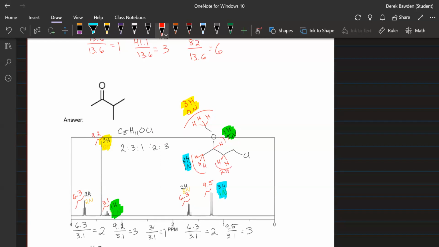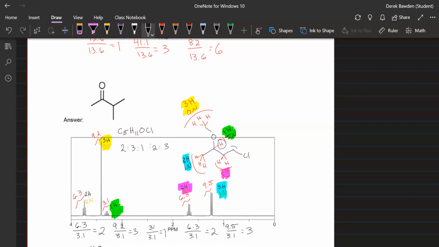And they have these 2 neighbors right here. So there's 3 neighbors. So 2 hydrogens, 3 neighbors. Let's look for something in our graph that proves that. 2 hydrogens, 3 neighbors, which is right here.